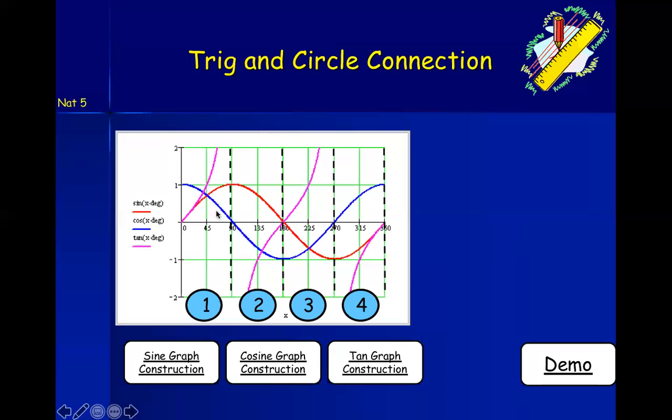The first quadrant would be from 0 to 90 degrees. The second quadrant from 90 to 180. Then the third from 180 to 270. And the fourth quadrant from 270 to 360. Hence those portions here. Part 1, part 2, those are just quadrants.